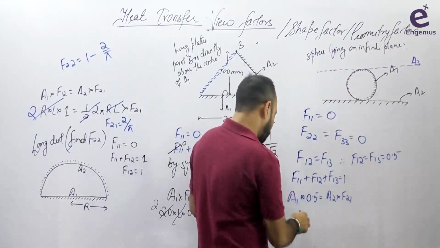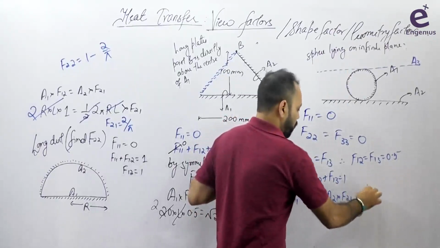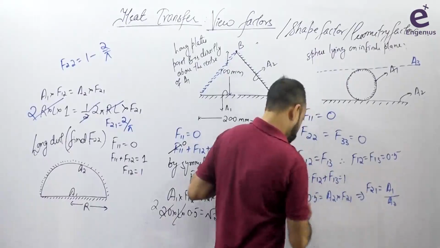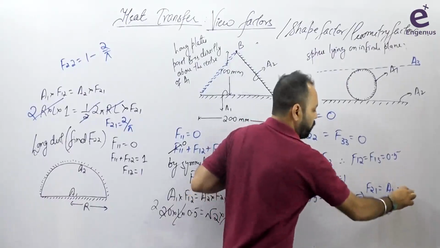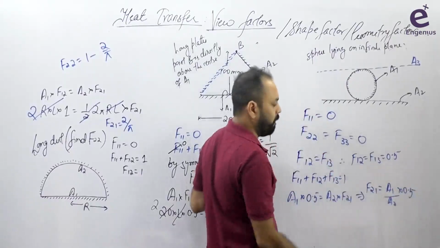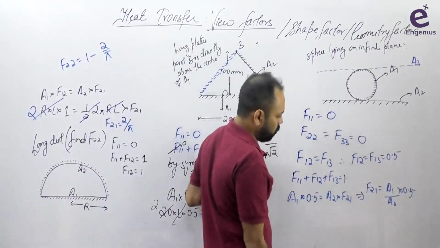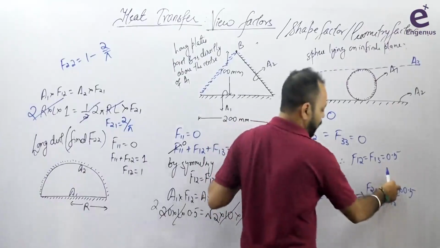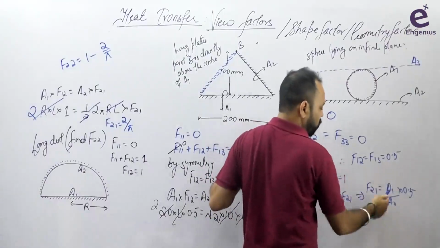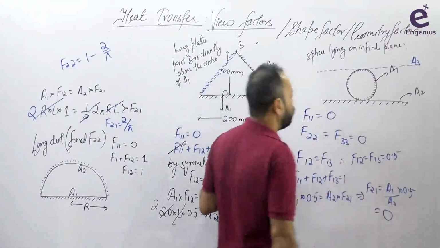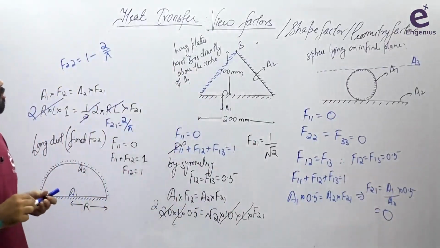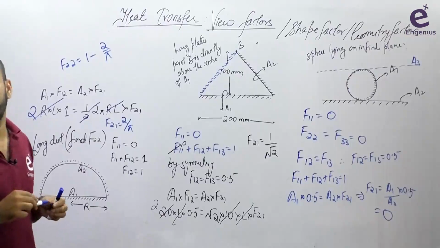So, F21 will be, from here you have F21 is equal to A1 by A2 multiplied by 0.5. Now, A2, what is A2? A2, infinite plate, so infinite area, right? Okay, infinite plate, infinite area, and therefore some finite area by infinite area must be equal to 0, and therefore F21 must be equal to 0. Right? Yeah, F21 must be equal to 0.